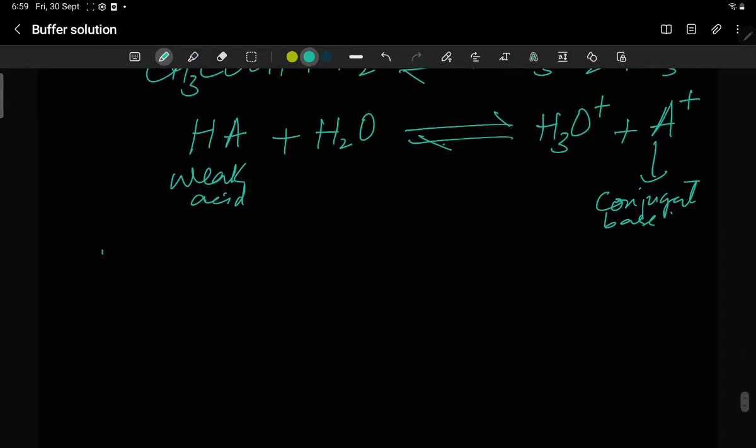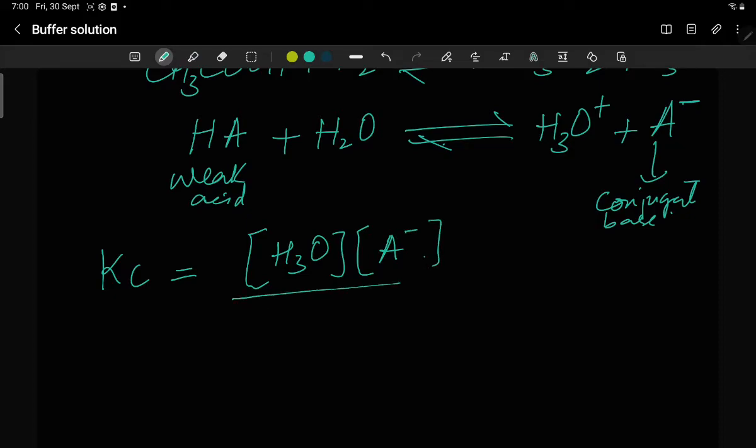So Kc is equal to the concentration of hydronium ion and the negative ion of the salt of the weak acid, divided by the concentration of weak acid and water.